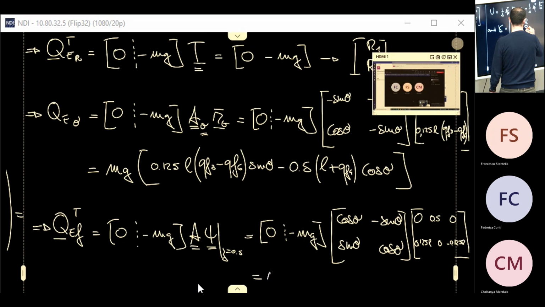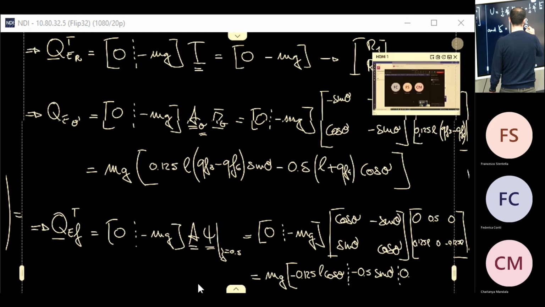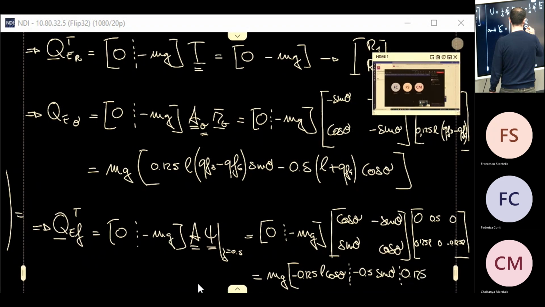And this is eventually the following matrix. mg times minus 0.125 L cosinus of theta, minus 0.5 sinus of theta, 0.125 L cosinus of theta. Now it's a 1 times 3 matrix.